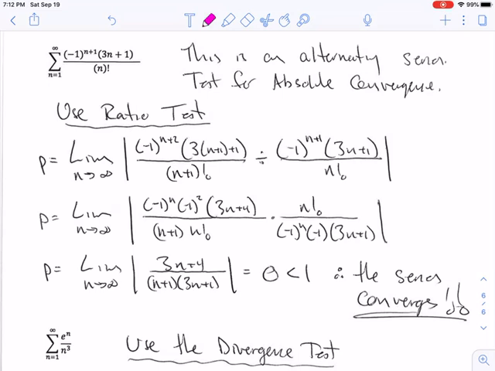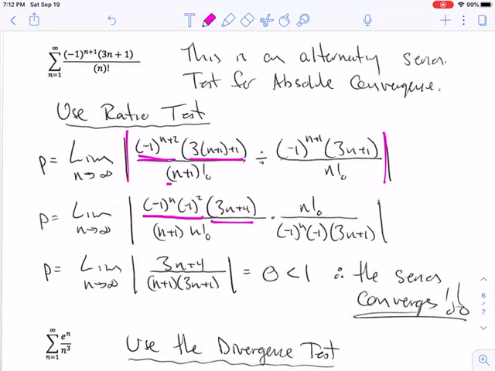We want the ratio of a sub n plus 1 over a sub n, and that's what we have here. The (-1) to the n plus 2, we can break up into (-1) to the n times (-1) squared. Taking all of this and doing a little bit of algebra on it, we get 3n plus 4.